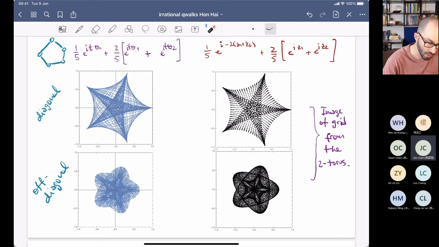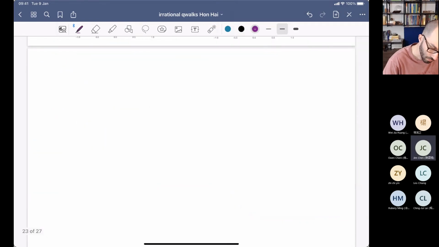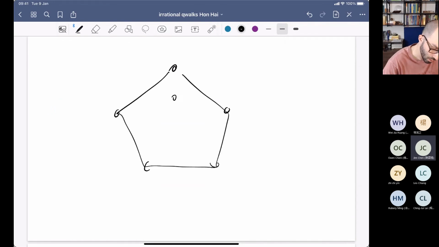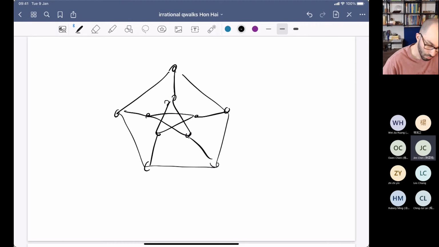But let me put it like that: the Petersen graph, right? Not sure if you're familiar with it, but you start with the C5, and then you put this thing here. So this has a fivefold symmetry.